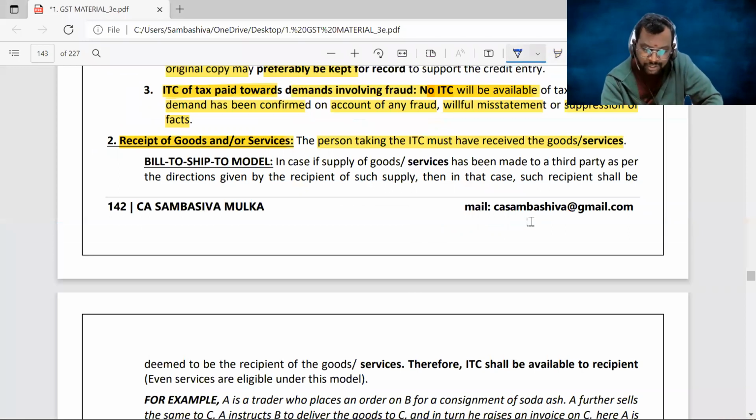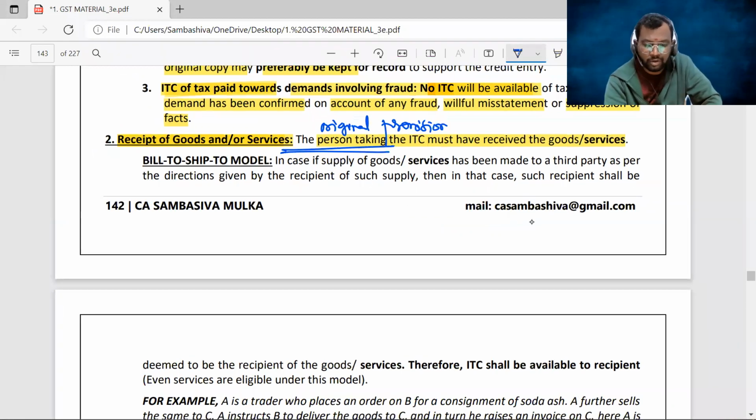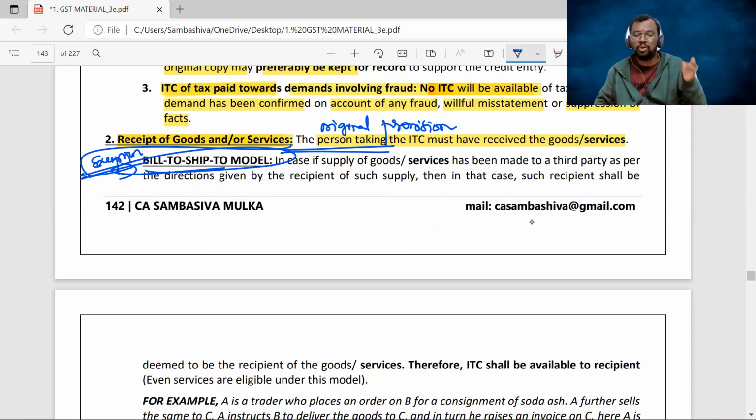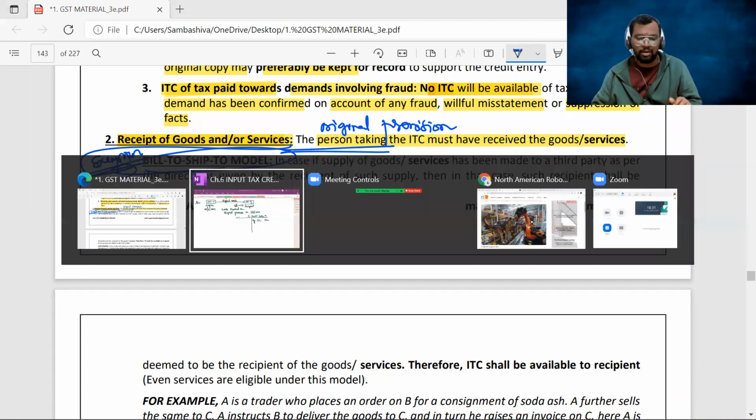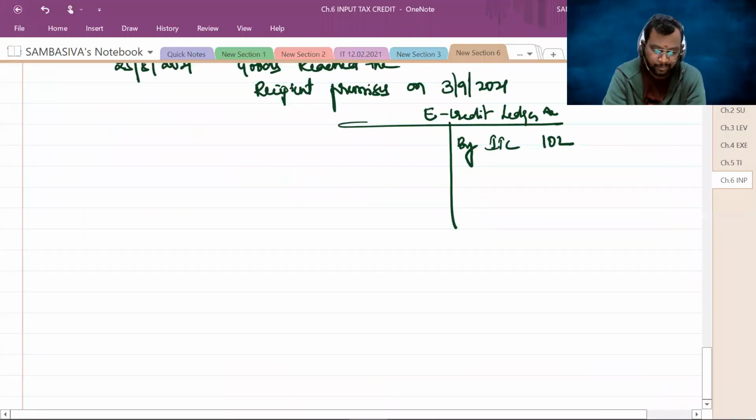So this is the original provision. For this original provision, we have an exception: the bill to ship to model. Clear? Now, what is this bill to ship to model? Let me explain with the help of an example.